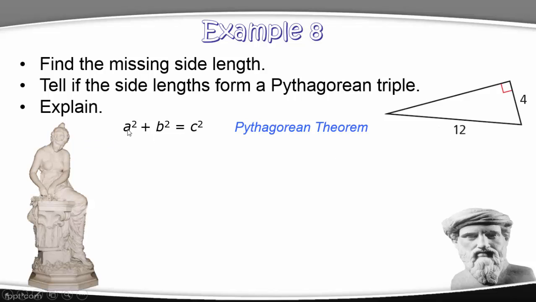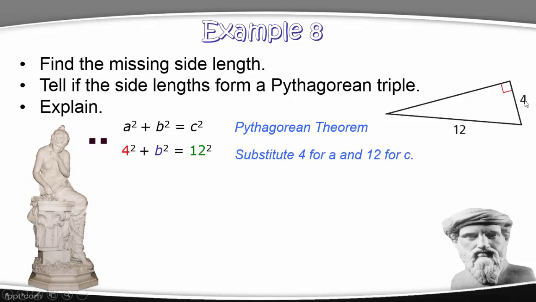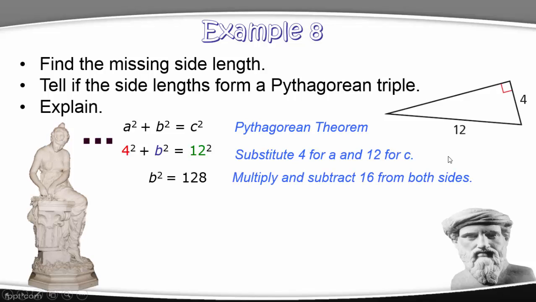Well, usually A and B represent the legs, so we'll substitute in 4 for one of them. We'll leave B alone since we don't know what this leg is, and we know that C is 12 because that's the hypotenuse. Then we multiply and subtract 16 from both sides because 4 squared is 16.